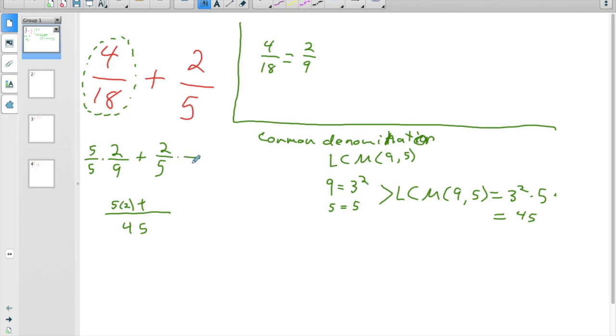Well, I had to multiply the 5 by my 9, which means I need to multiply my 2 by my 9, which means this is going to be 2 times 9. So we have 45 as our denominator and 10 plus 18 in our numerator.